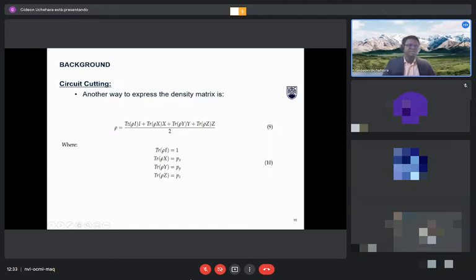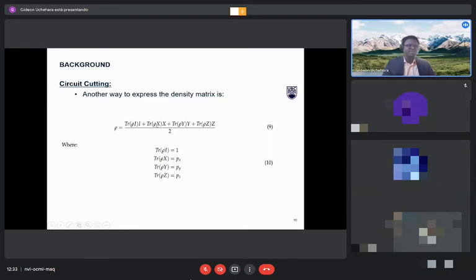In quantum computing, you know that when you take the trace of the quantum system with respect to an observable, then you are actually taking the expectation value of that observable. So in this case, we are looking at the expectation value of the operator I, given the state rho.